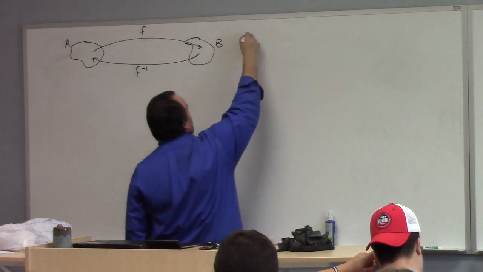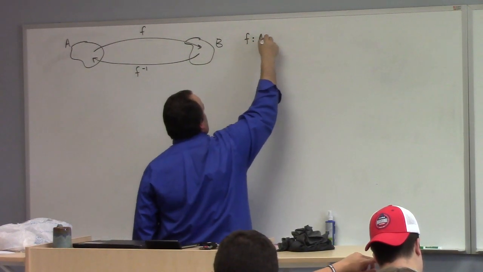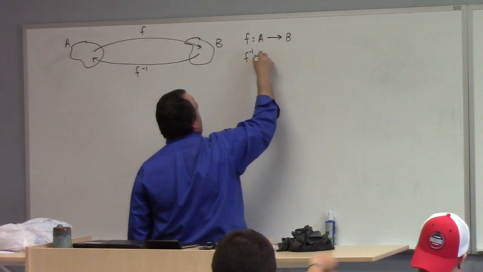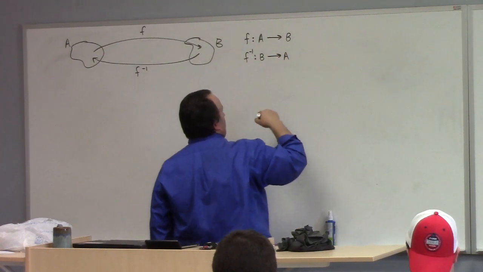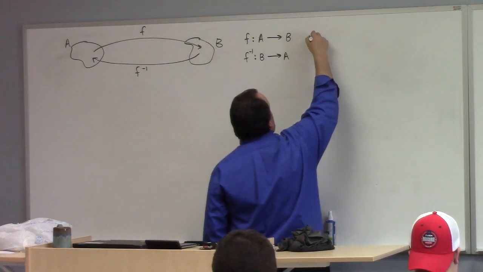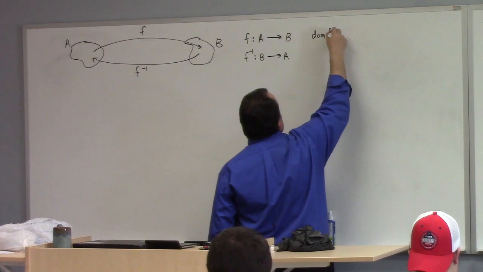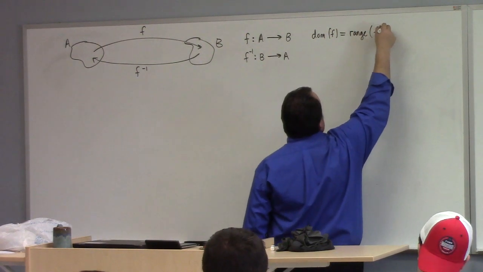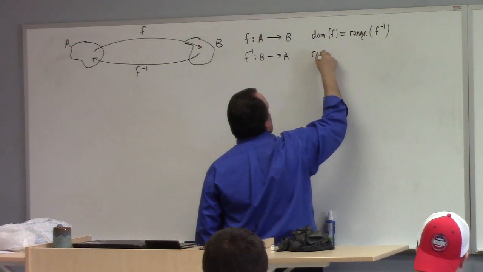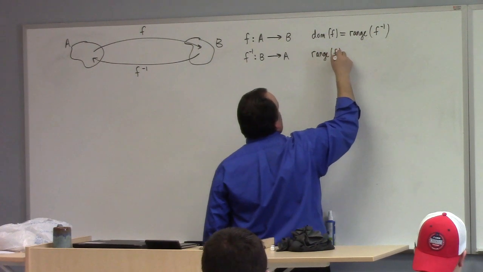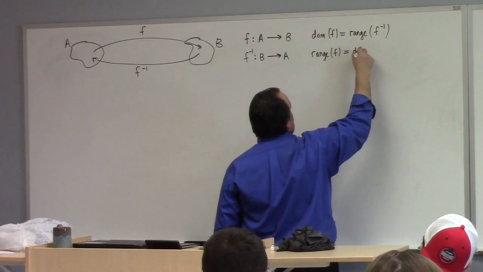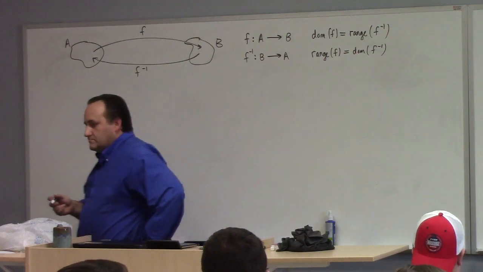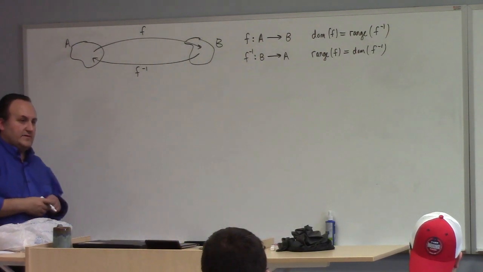The function that we're given goes from A to B. The inverse function will go from B to A. And immediately what this means is that the domain of the function is equal to the range of the inverse function, and vice versa. The range of the function will be equal to the domain of the inverse function. So that's one of the basic things.